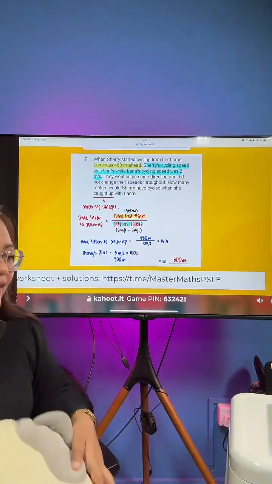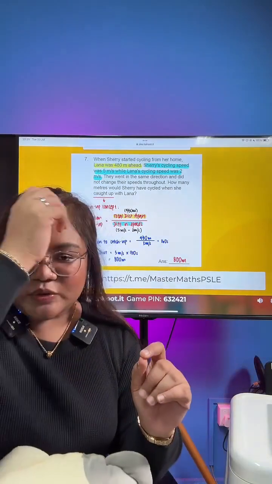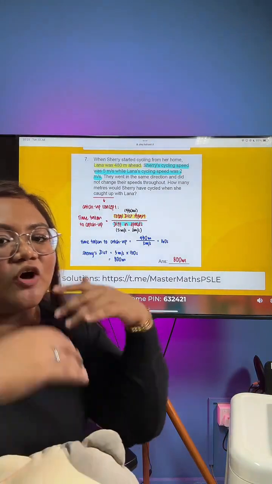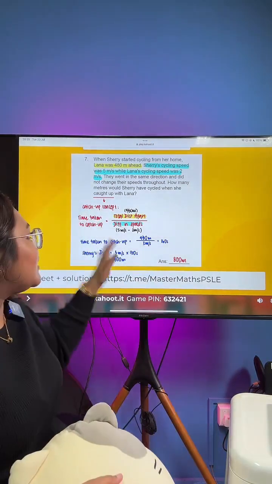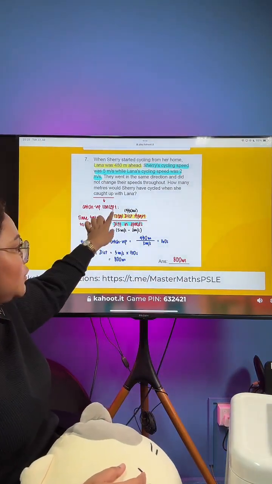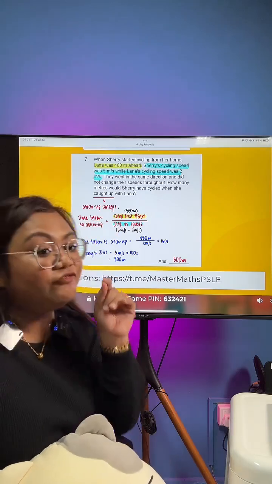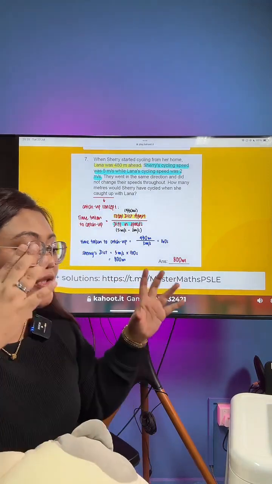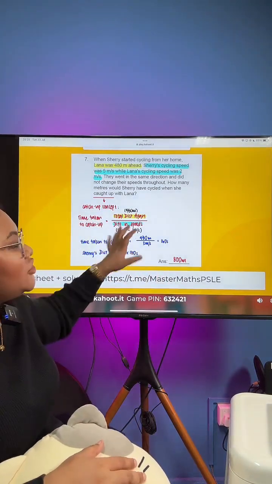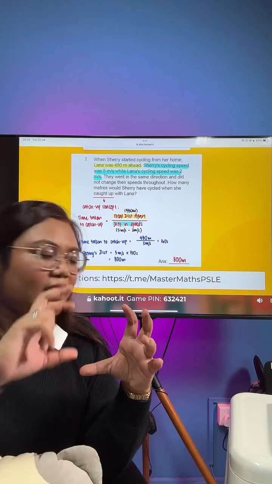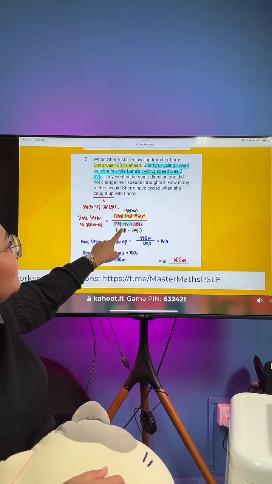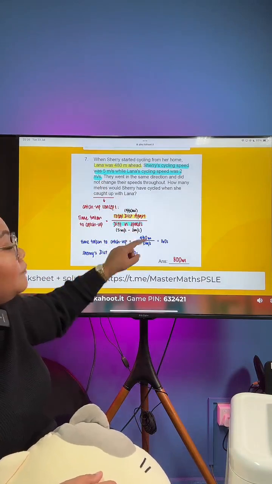Okay, I share with you a very quick tip for the next question, so that you guys can solve it. The next question is on the meet-up concept. The time taken to catch up is total distance apart divided by difference in speed, because they need to catch up, so they need to look at how much distance they would have to cover back in 1 second, and that will be the difference, which is 3 meters here.